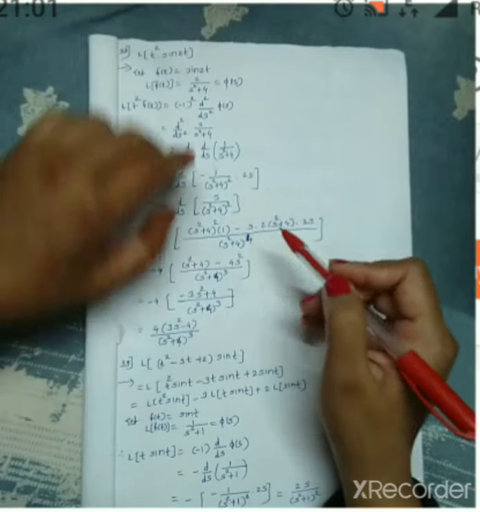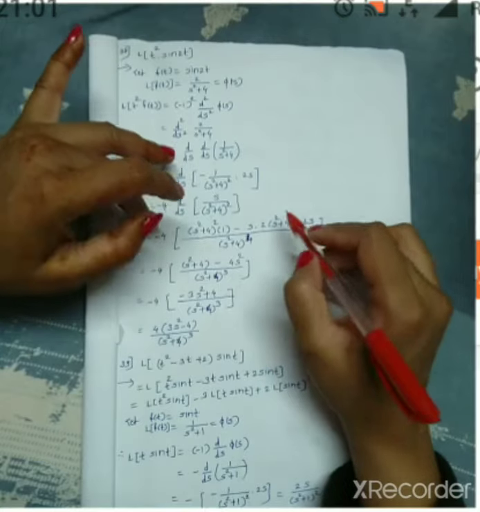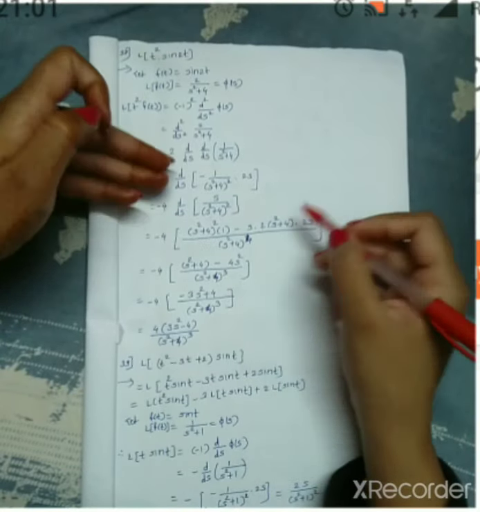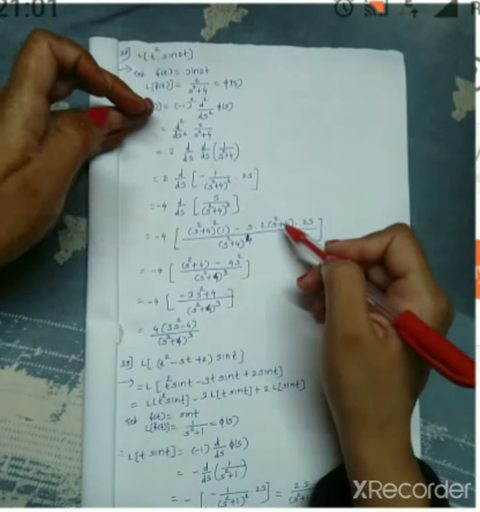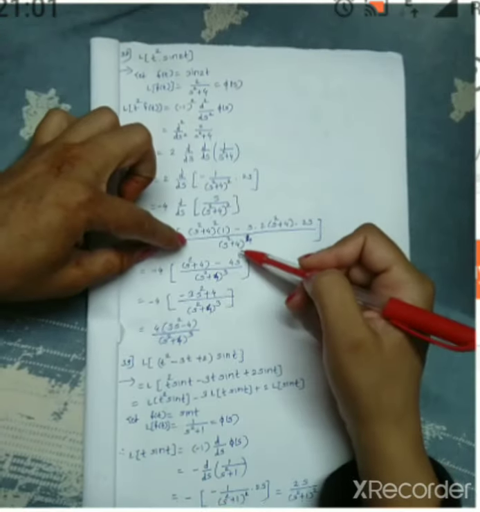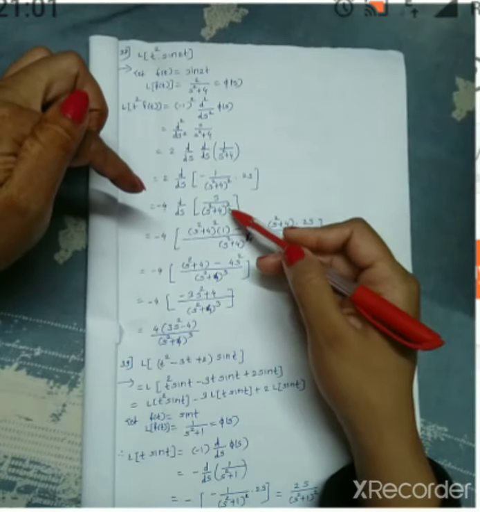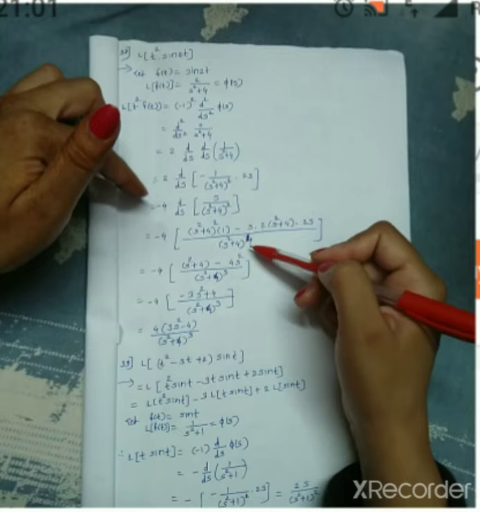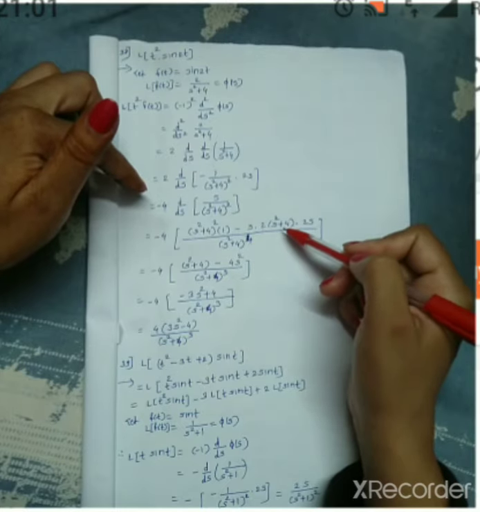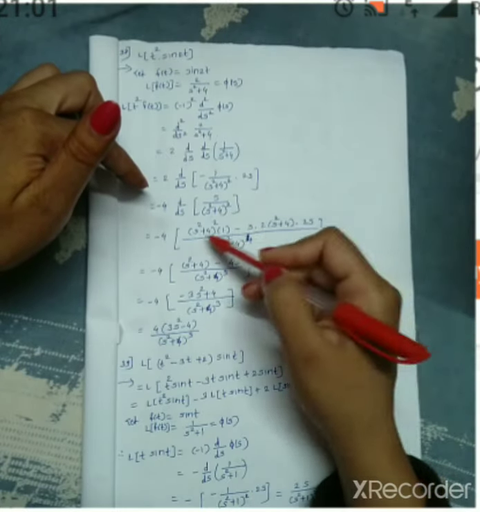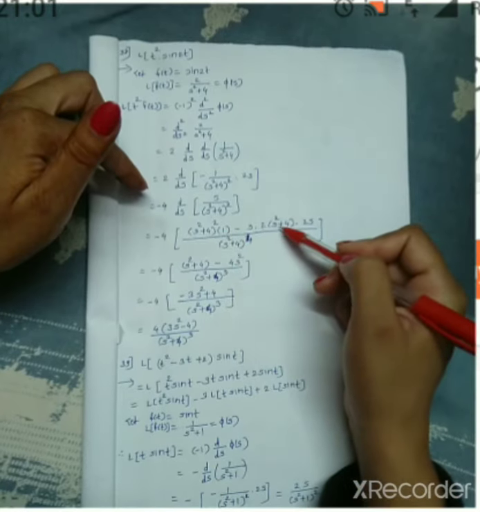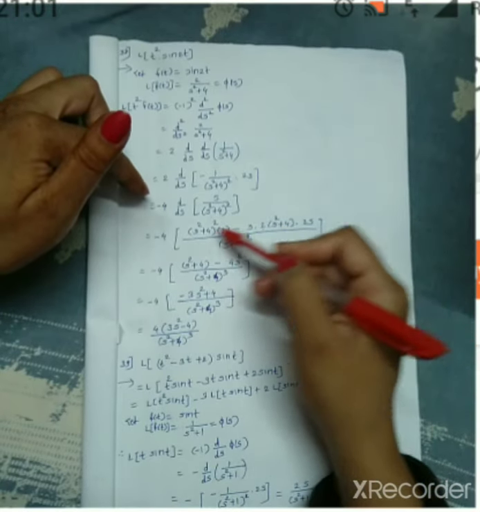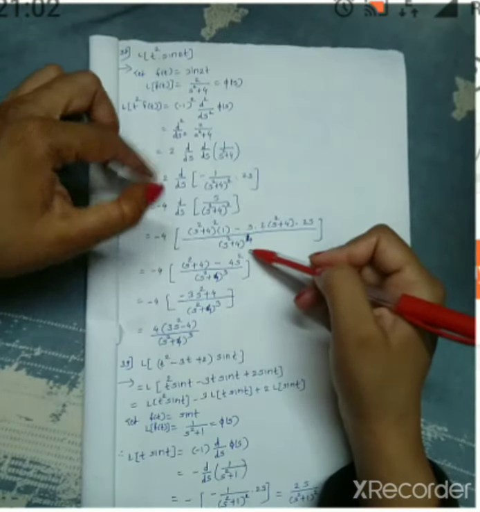Now this is our answer. To simplify this term, don't simplify the bracket. In such examples, wherever a square raised to a square is there, if you observe, the s² + 4 term is common in the numerator, and in the denominator also that term is there.